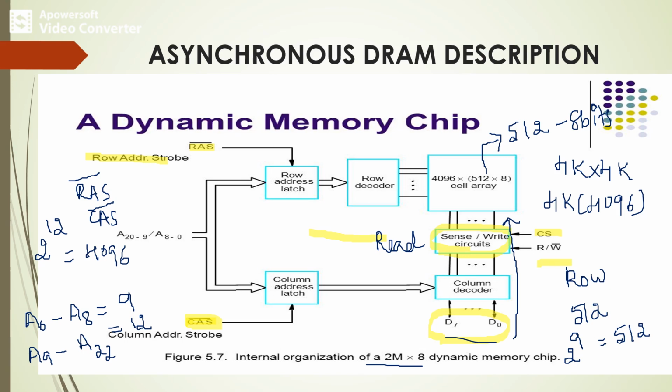Now in order to represent the row, so that is nothing but 512, we need 2 power 9 address lines, since 2 power 9 is equal to 512. Similarly, in order to represent the column, 4096 means 2 power 12. So in total we need 21 address lines in order to represent a 2M x 8 dynamic memory chip.